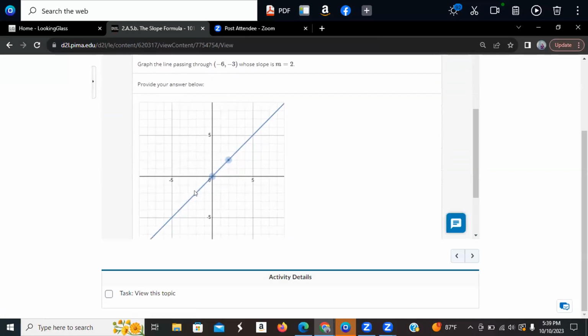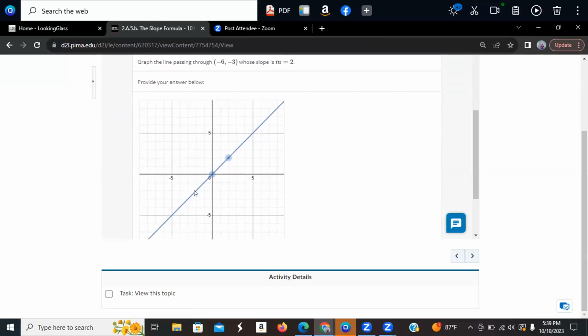Okay, it's the same thing here. Plot that first point, -6, -3. Okay, -3 means down 3. Right, the second number is up or down.